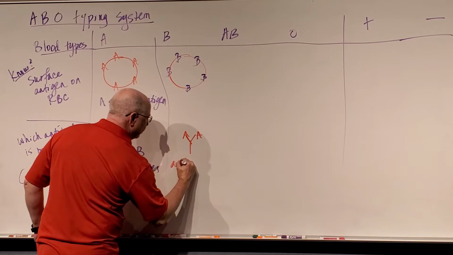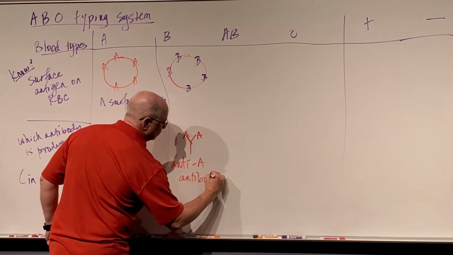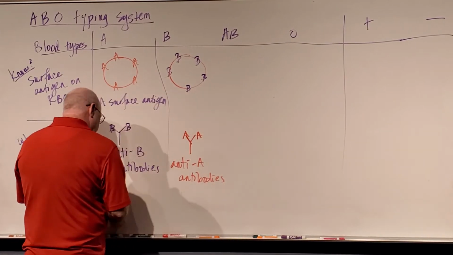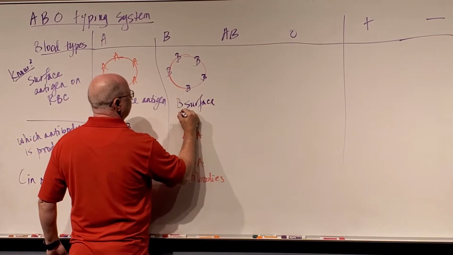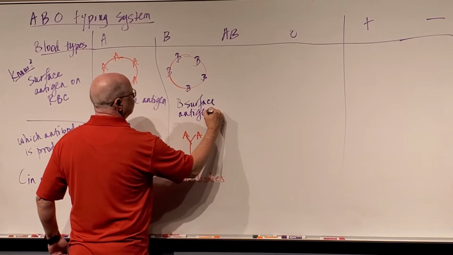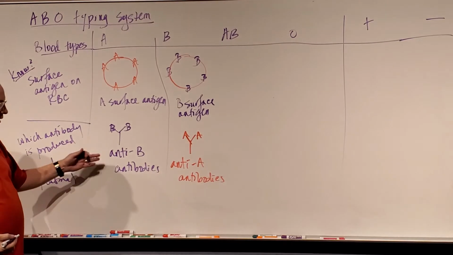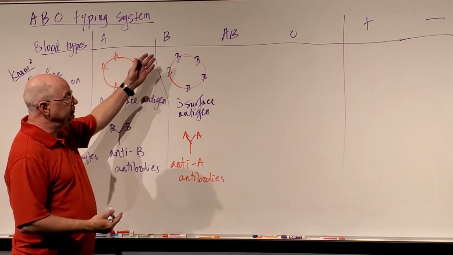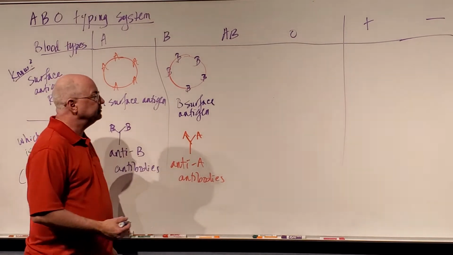They're going to have what we call anti-A antibodies. And they're going to have the B surface antigen, which is where I like to ask my questions. A person with type A blood would have which of the following? They would have A surface antigens, anti-B antibodies. A person with type B blood will have B surface antigens and anti-A antibodies.